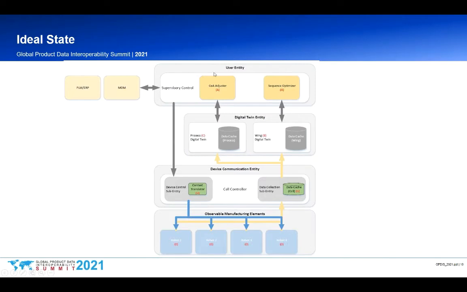So essentially, what we're talking about in this view is that we have our PLM, ERP, and MOM data. And that data, and this isn't an ideal world, as soon as it triggers approval, it's flowing into our user entity. And our user entity is going to be responsible for a couple of things.